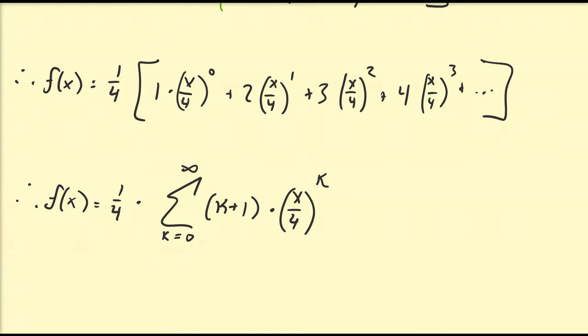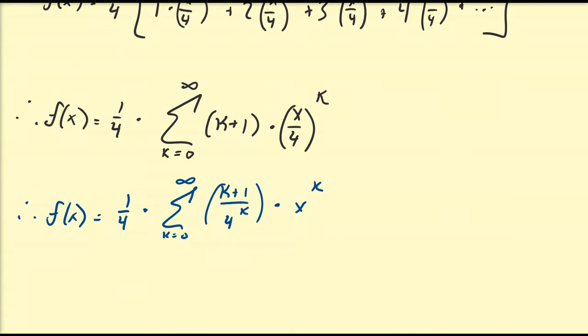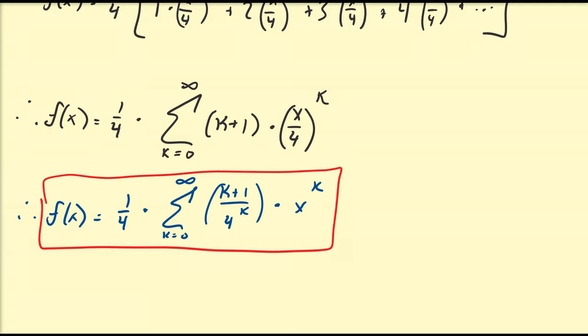And we can move that constant 4 to the k outside. So we have f of x is equal to 1/4 times the sum from k equals 0 to infinity of k plus 1 over 4 to the k times x to the k. So this is our power series for the function.